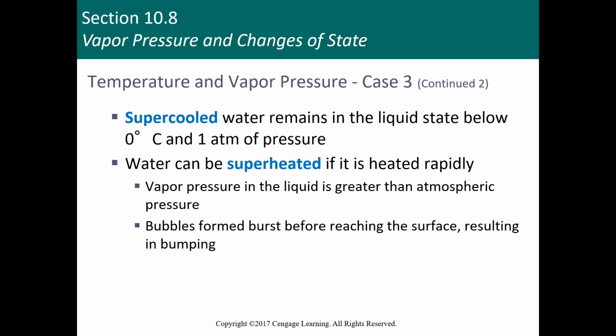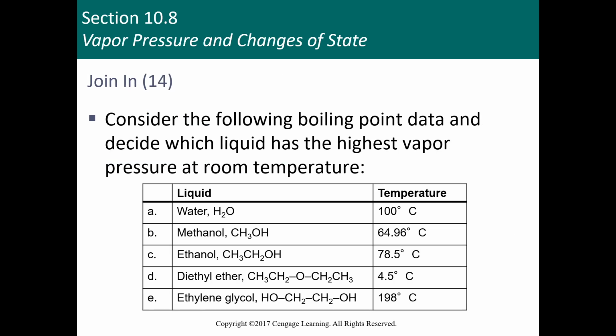That's because the bubbles burst before they can reach the surface, releasing the gas, which then tries to escape unevenly throughout the liquid, pushing the liquid around. That does happen quite a bit. And of course, the bottom layer of the water would be superheated, while the top layer usually is not.